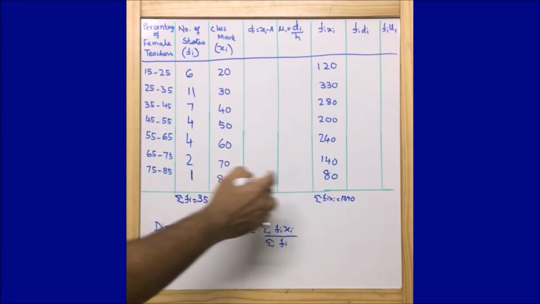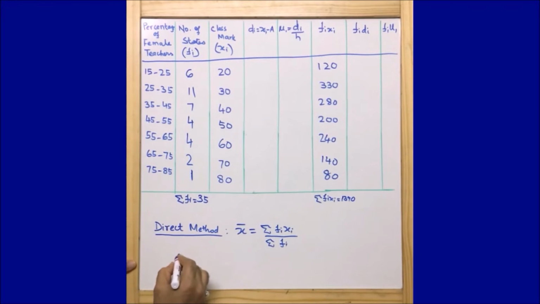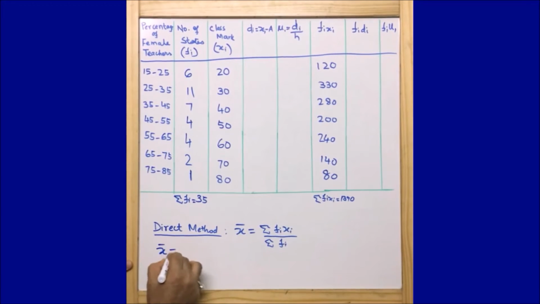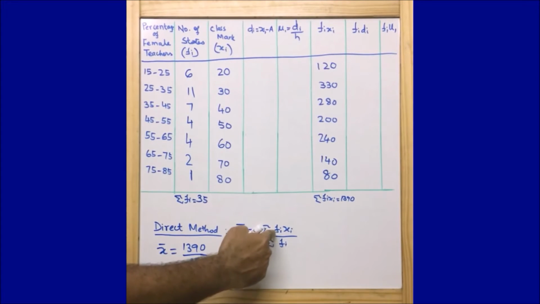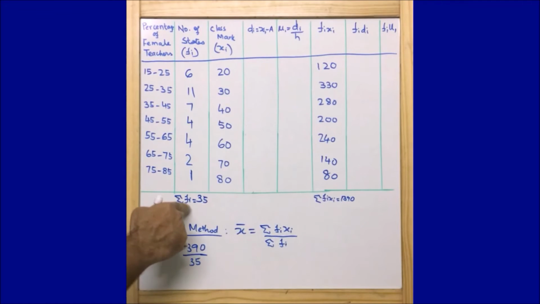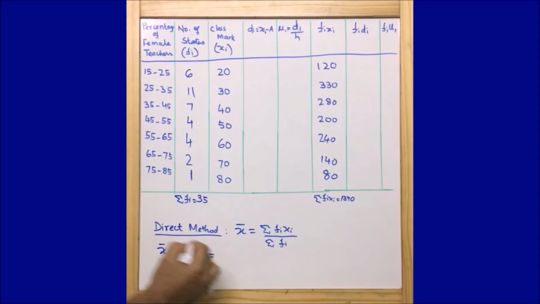So that's all. You can see that we got FiXi as 1390, and therefore we can write mean is equal to 1390 upon 35, because summation of FiXi is 1390 and summation of Fi is 35. Upon solving 1390 upon 35, we get 39.71.